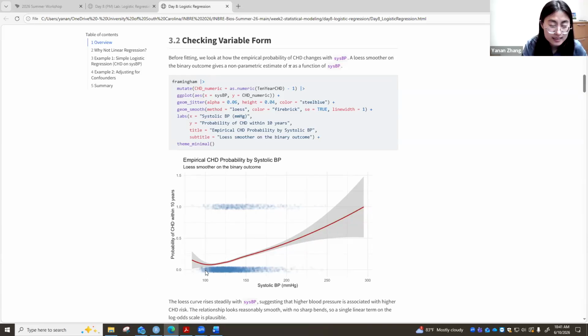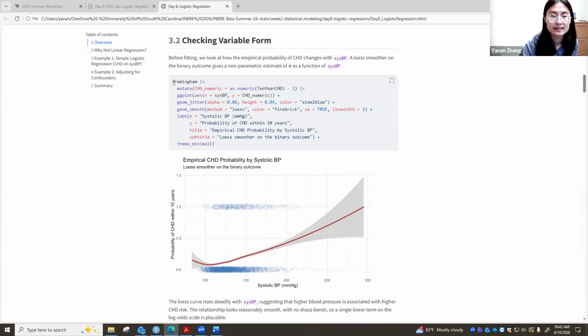For example, these dots here will represent people who have systolic pressure of 100 while they don't have coronary heart disease, while a person here might have systolic blood pressure of 125 and develop coronary heart disease, right? Each little dot represents a person. And then we can add a smooth line, using the loess function we introduced before. And this red line represents the estimated probability at any value of systolic blood pressure, right?